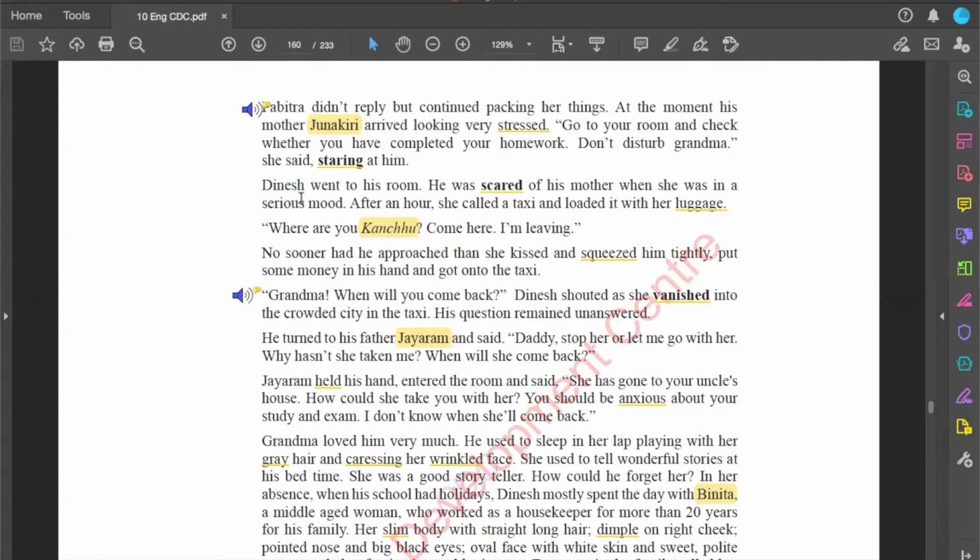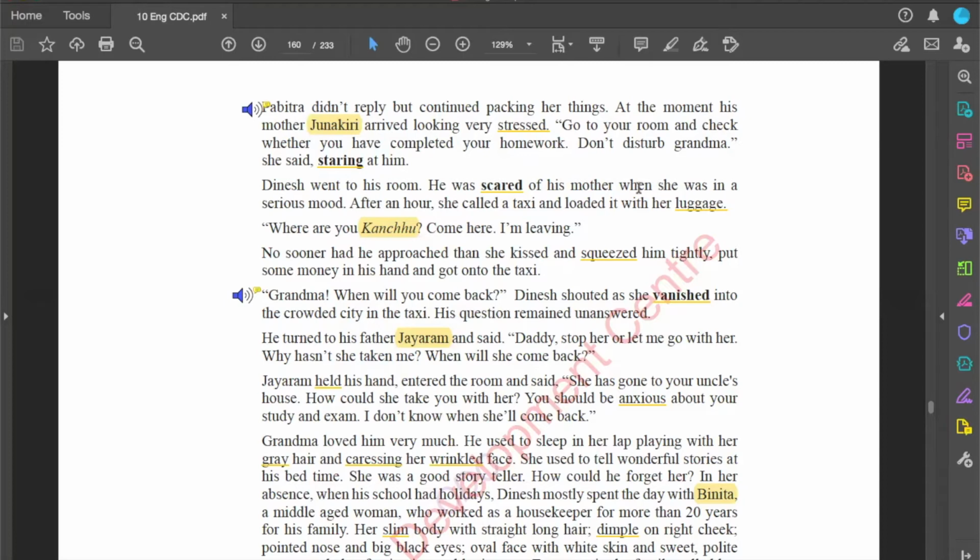Dinesh went to his room. He was scared of his mother when she was in a serious mood. Dinesh was a clever boy also. He knew that his mother was not happy at the moment. She was in a serious mood.